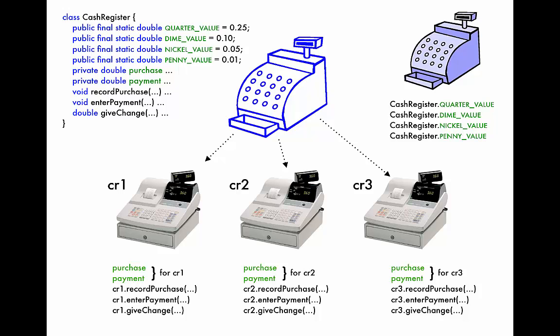But the cash register class itself holds the static constants. Typically, fields and methods are accessed by prefixing them with the object name, but these static constants are accessed by prefixing them with the class name.